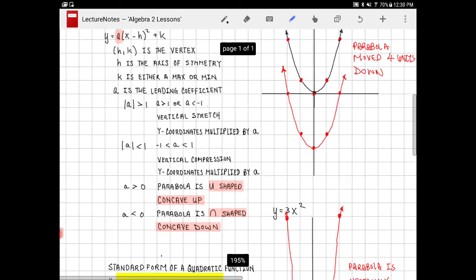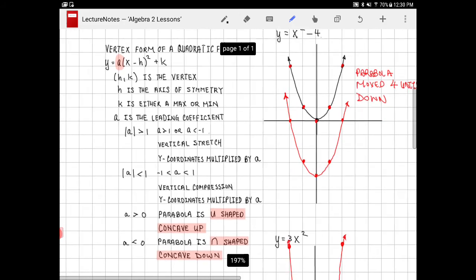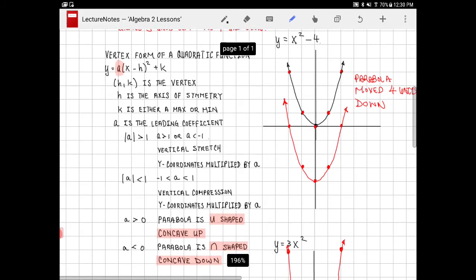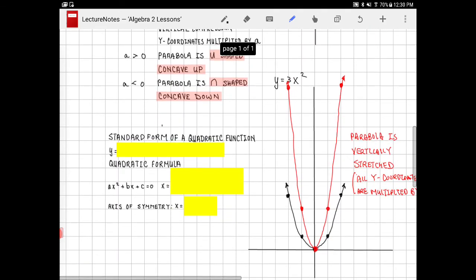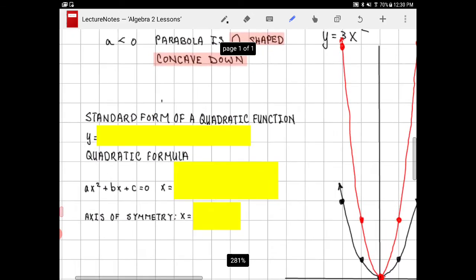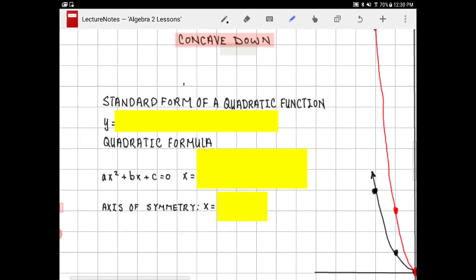All right, so this right here is the summary of what just happened in this video. And while we're in the process of summarizing, here is the alternate way of writing the equation of a parabola, a quadratic equation, in standard form. That's the equation in standard form.